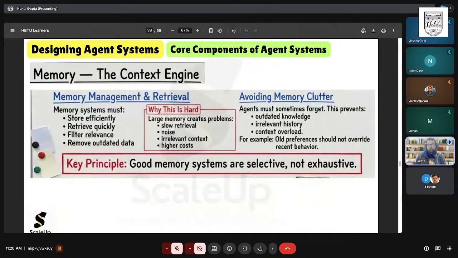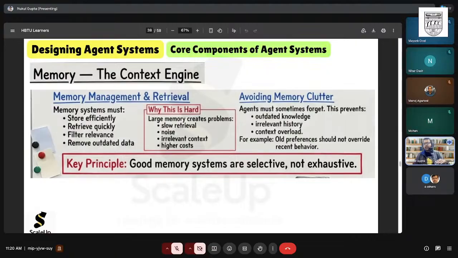Now memory management and retrieval is very important. Memory systems must store efficiently, retrieve quickly, filter relevance, and remove outdated data. All this we have to take care of. The good thing is that the framework takes care of most of it, but still we should know why this is hard.